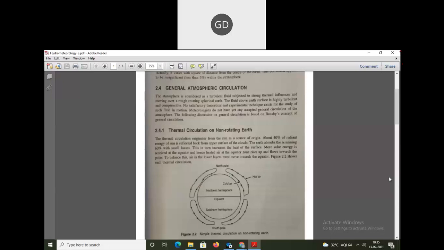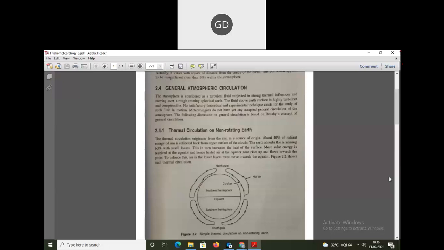All these four factors affect the circulation through the land and water distribution. This is a simple explanation of how the circulation of air is happening over the whole earth surface.